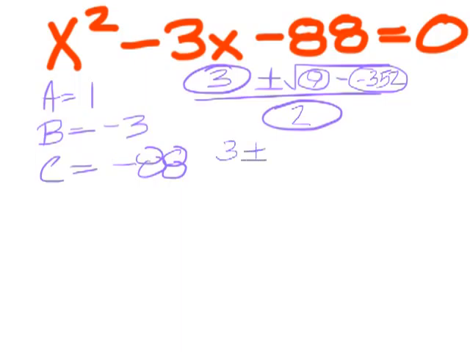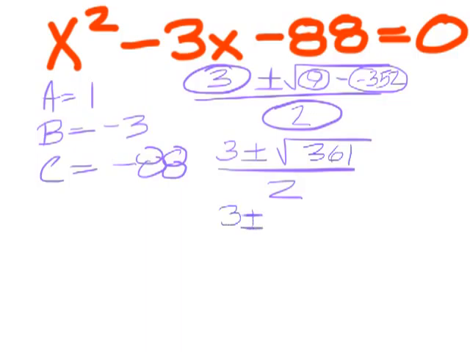So now we're left with 3 plus or minus the square root of something. What is that number under the square root sign? What you should have is 9 minus a -352 is 361. Of course we know from a problem we did previously that that is 19 when you find the square root.